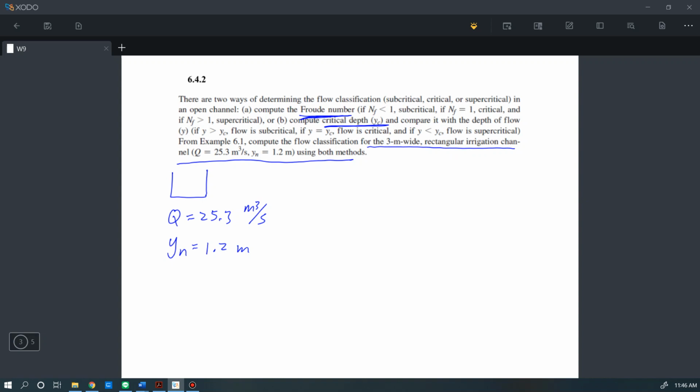And this channel is 3 meter width. So this width is B. So B is equal to 3 meter.